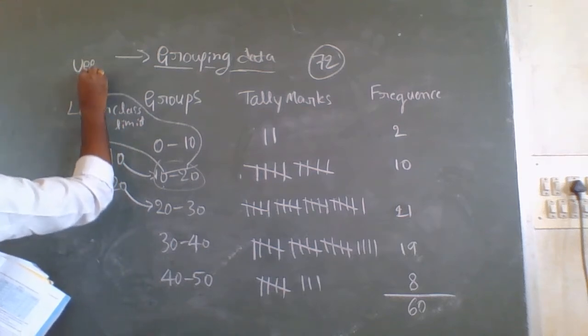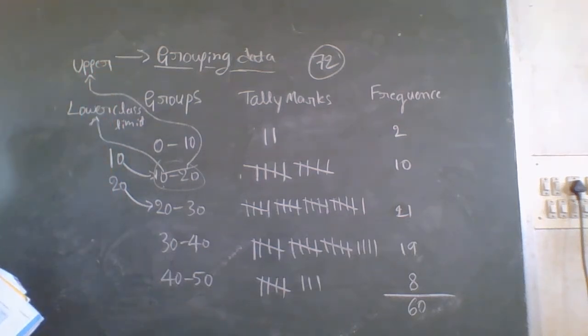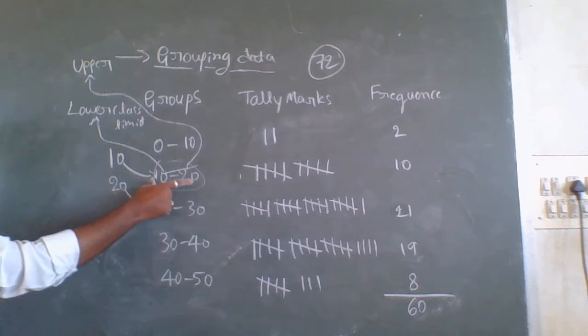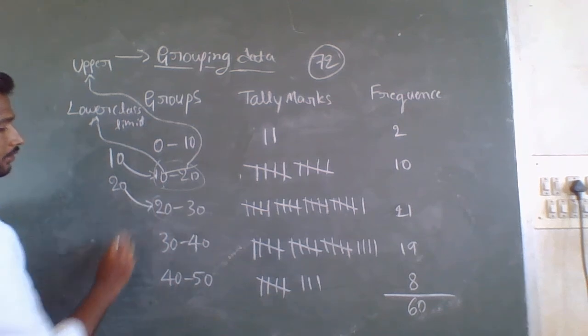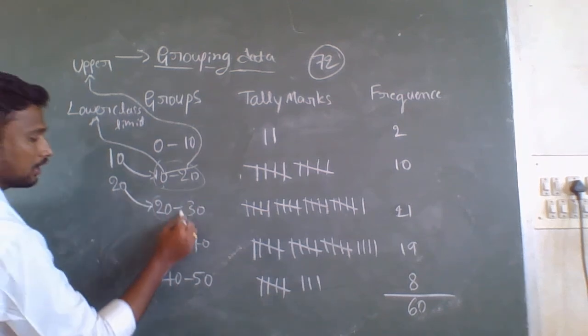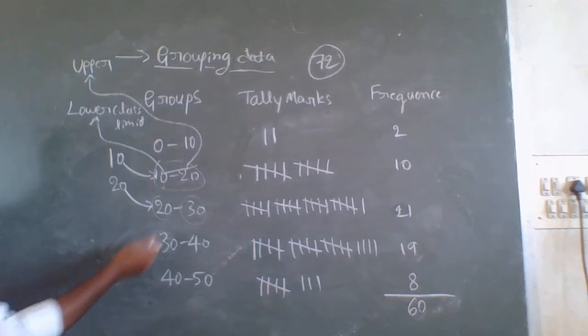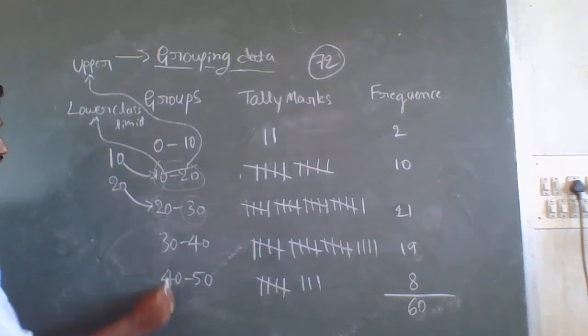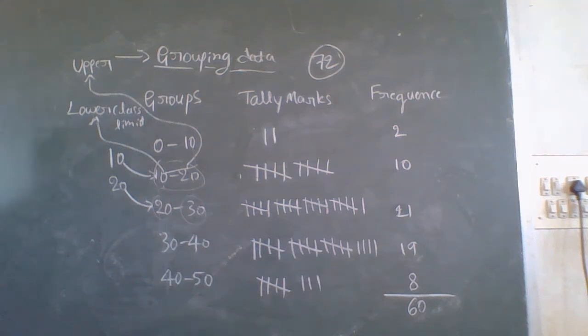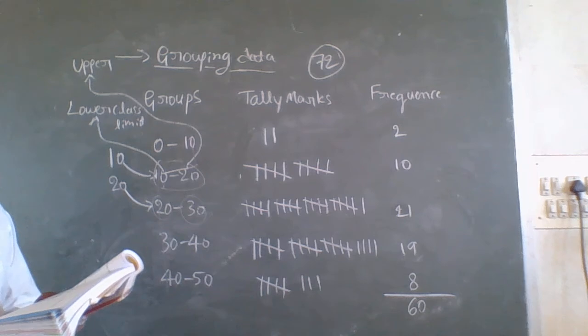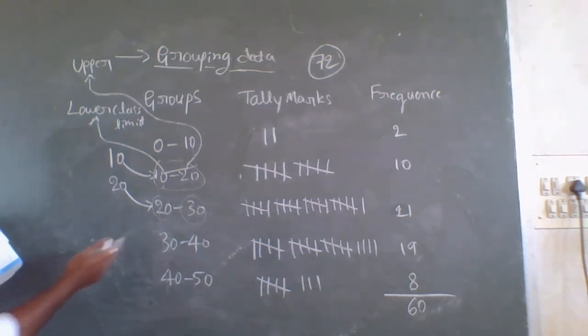If it is between 20 to 30, 20 is the lower class limit and 30 is the upper class limit. Like that it continues. All these values are lower class limits, and these values are upper class limits. Similarly, in class 20 to 30, 20 is the lower class limit and 30 is the upper class limit.